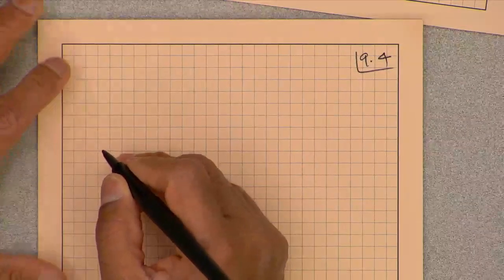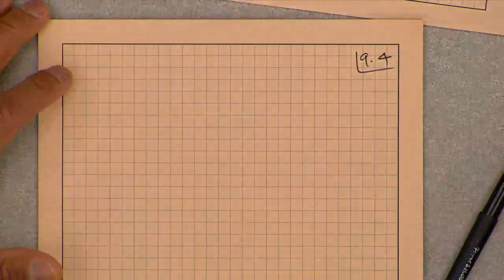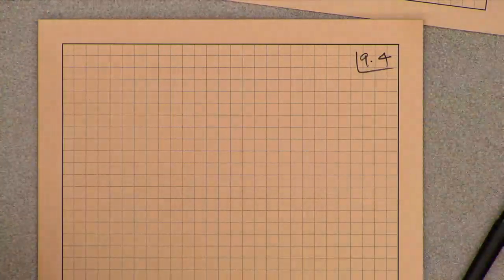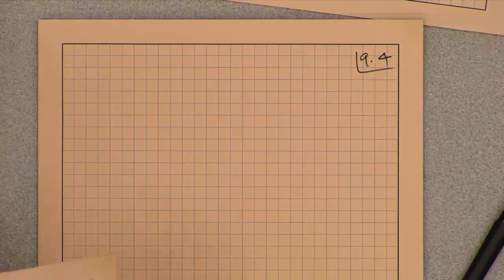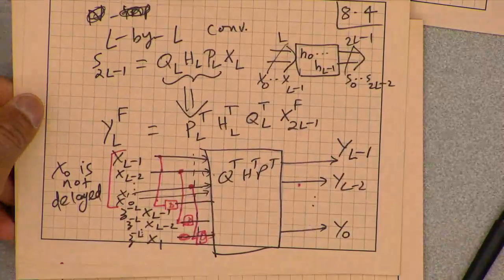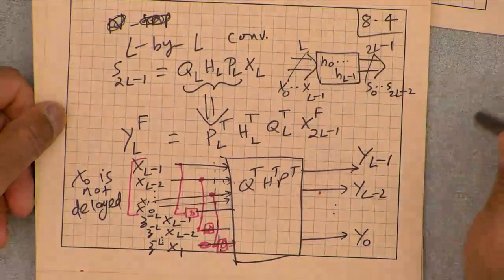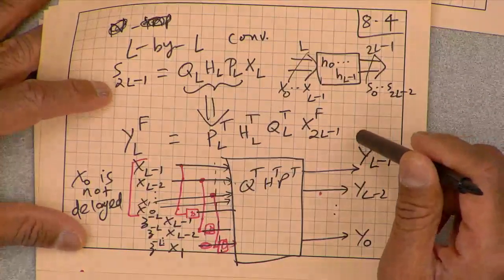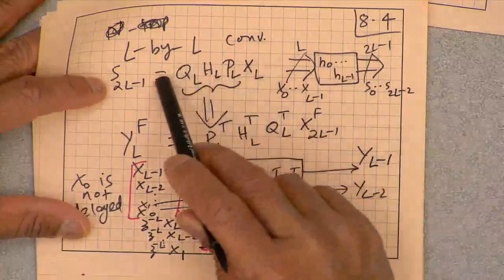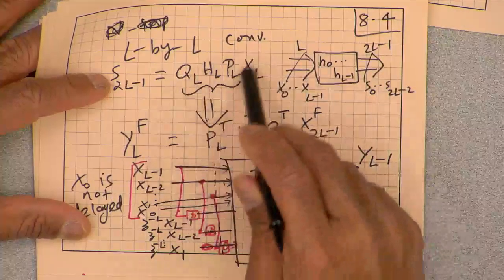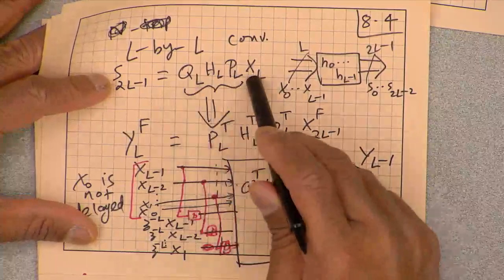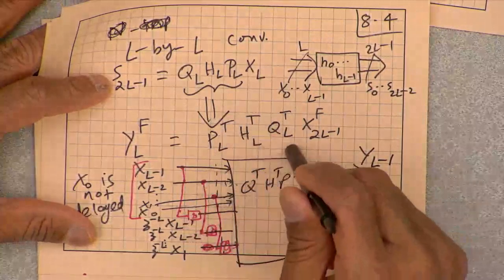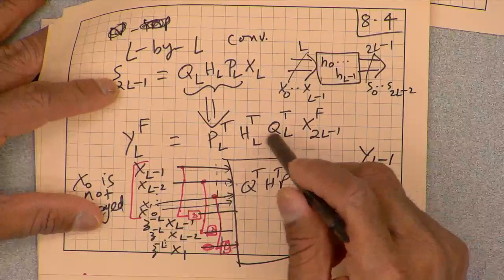So let's talk about a couple of ways that we can describe parallel filters. What I said last time is we can take any fast convolution algorithm such as this one, q times h times p, and then transpose that, we get p transpose h transpose q transpose, and then flip these sequences.